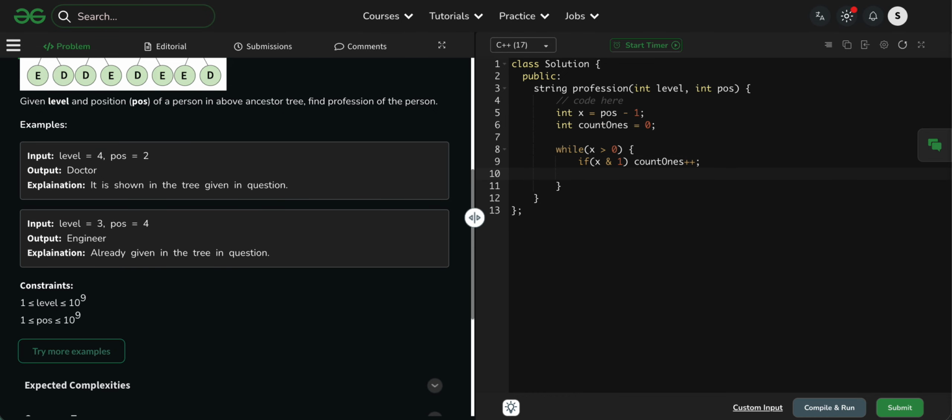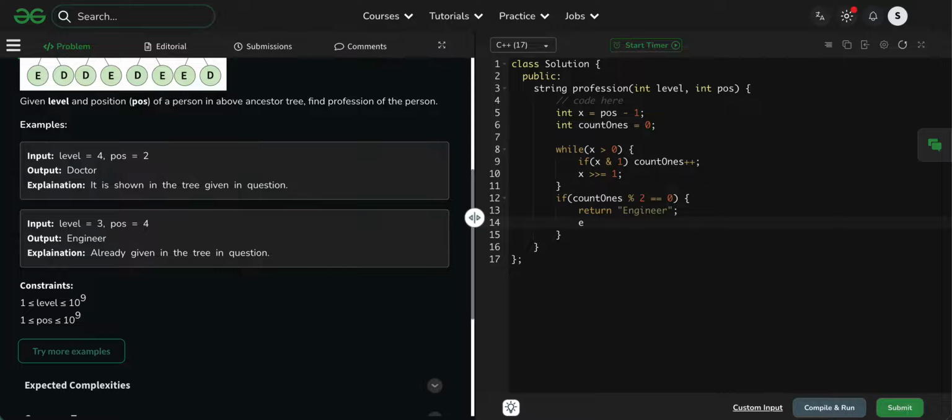And then x right shift is equal to 1, right? Now if count once mod of 2 is equal to 0, this is the main part, then return engineer, right?